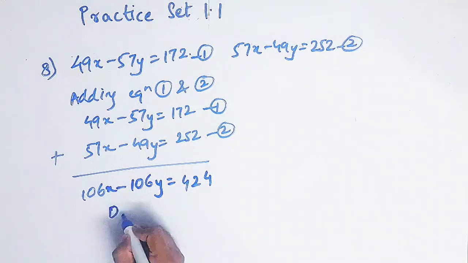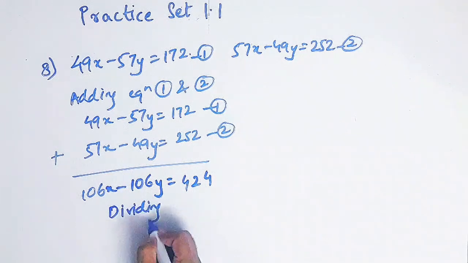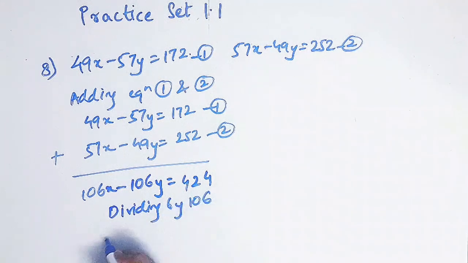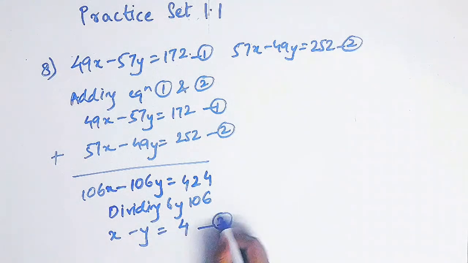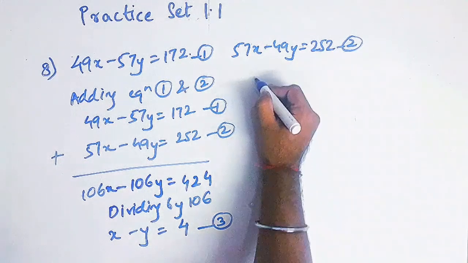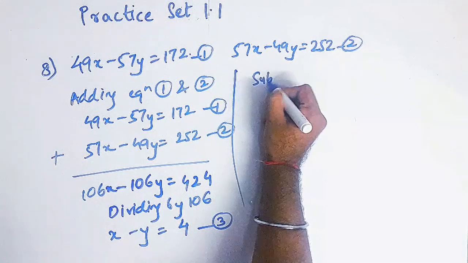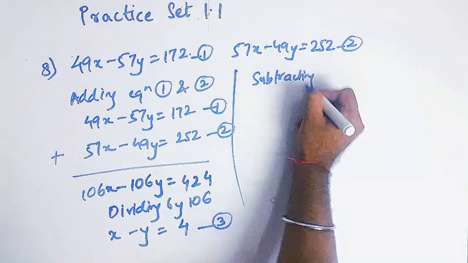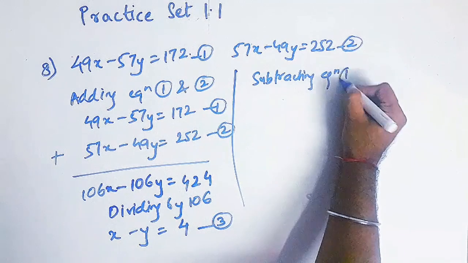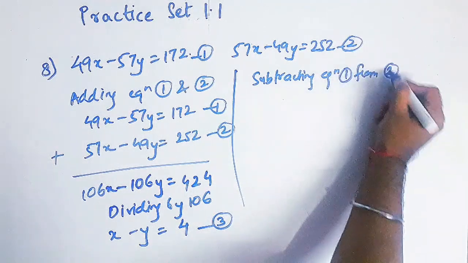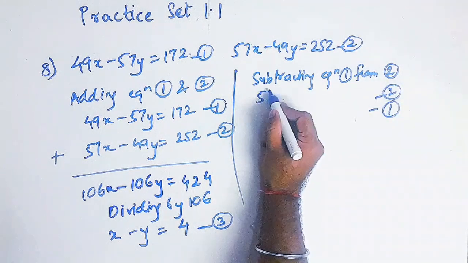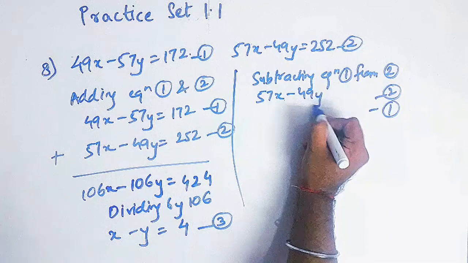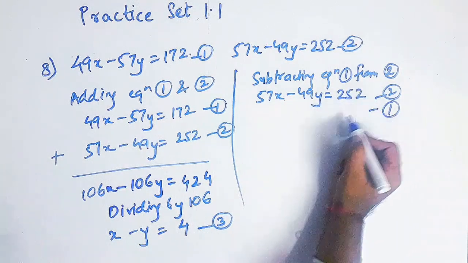So what will we do? Dividing by 106, we'll get x minus y equals 4. We got a new equation, named this as equation number 3. Now the steps are, you have to subtract equation 1 from 2. 1 I'll keep below, 2 I'll keep above. 57x minus 49y equals 252.